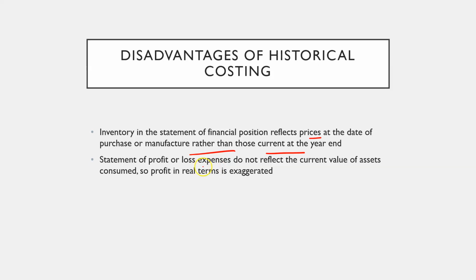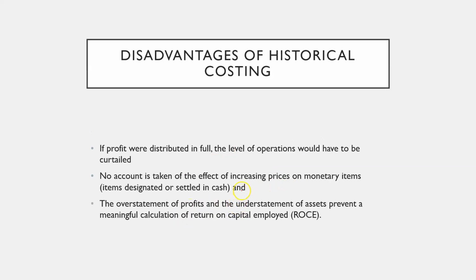So the income statement doesn't reflect profits and losses very differently to the assets generating them, because we are not updating the value of the asset in line with the income and expense caused by this asset. So that's the first problem.